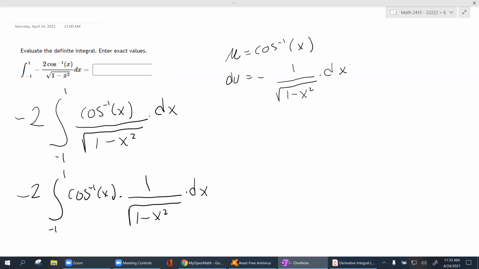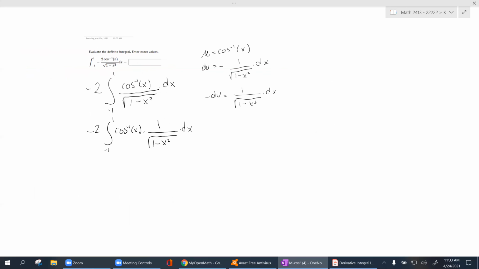I have everything almost except the negative, so let me go ahead and divide a -1 out. So in other words, negative du is the same thing as 1 over 1 minus x squared times dx. Now I can go ahead and make those appropriate substitutions.